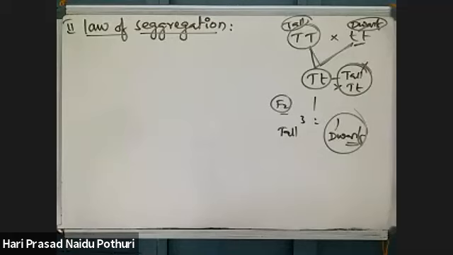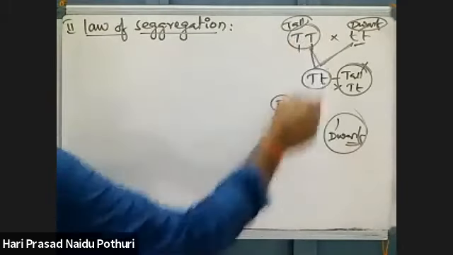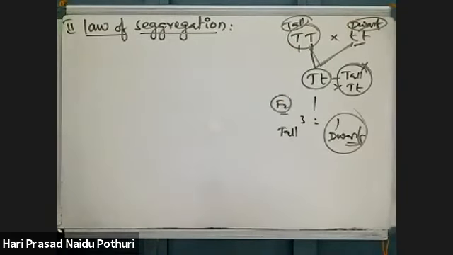Though the parents have two types of alleles, during gamete formation the gametes will segregate, 50% like that. Separation of the gametes is there.